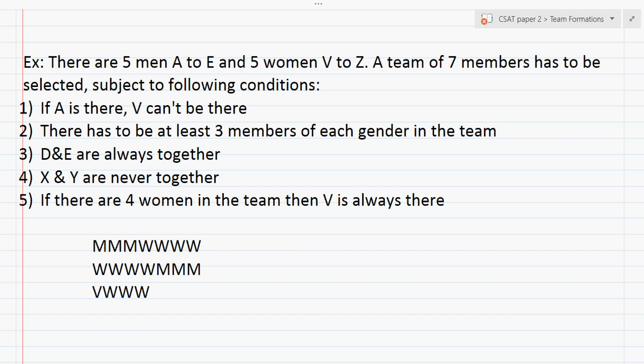But D and E have to be together, so DE should be there, and then there could be one of B and C. So when I put B and C together in a bracket, it means one of them should be there, right? So we know that the team is V, then 3 women, then DE has to be there, and one of B and C is to be there. So from the 5th statement, we can eliminate that in this case A should not be there. There is no way that A can be there.